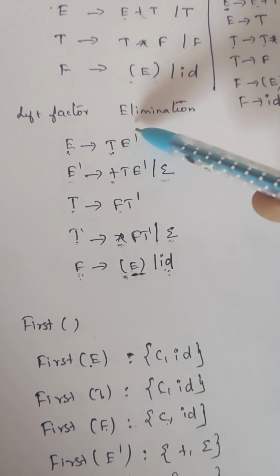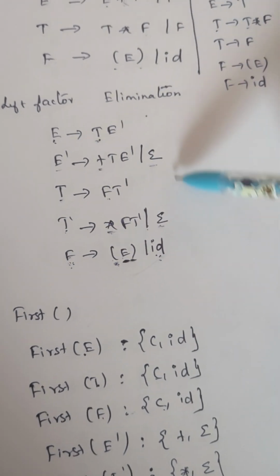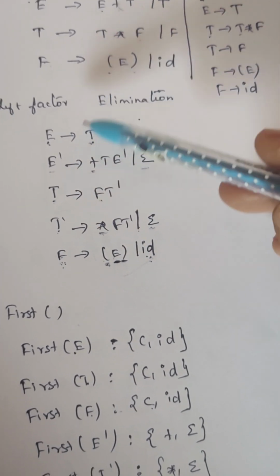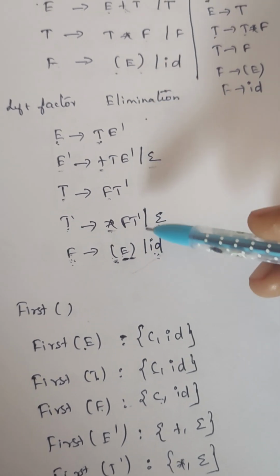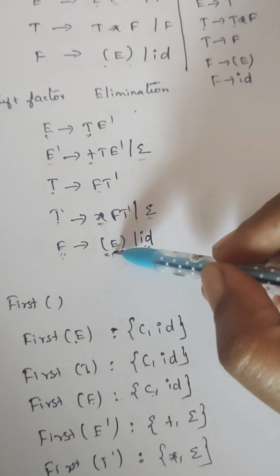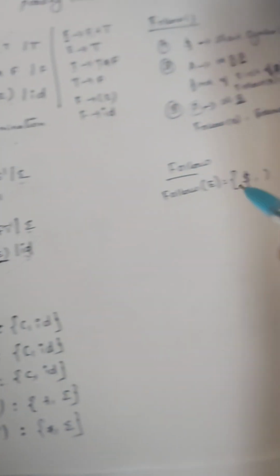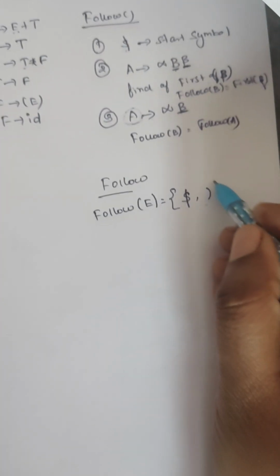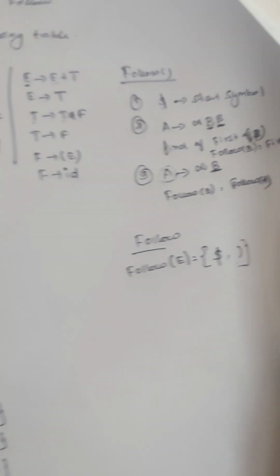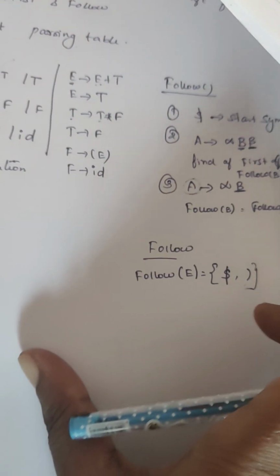To find the FOLLOW we need to consider the resultant production, and in it we don't have E in any other place except this location. So after E we have this close bracket, so we include it in our set, and this is our FOLLOW set for E.